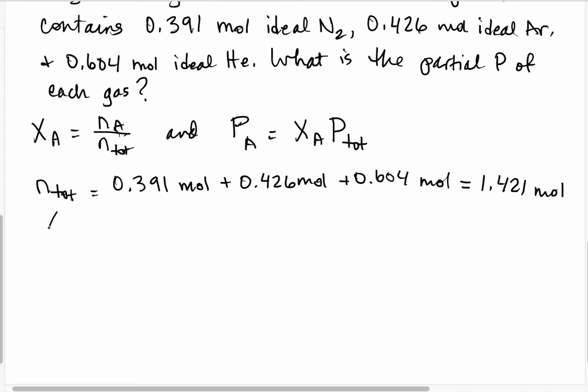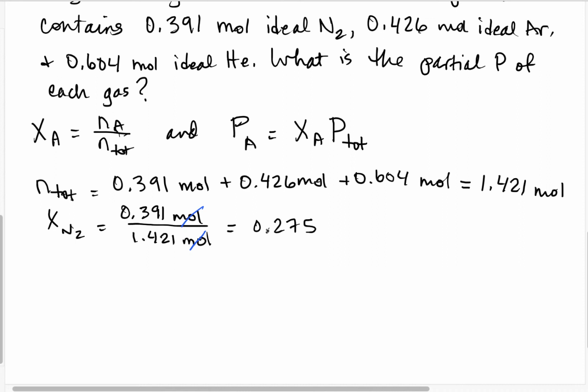So our mole fraction is going to be the number of moles of each gas divided by the total. So for nitrogen, I have 0.391 moles, and I'm going to divide that by 1.421 moles. And my units will cancel out here, and I will get a fraction of 0.275.